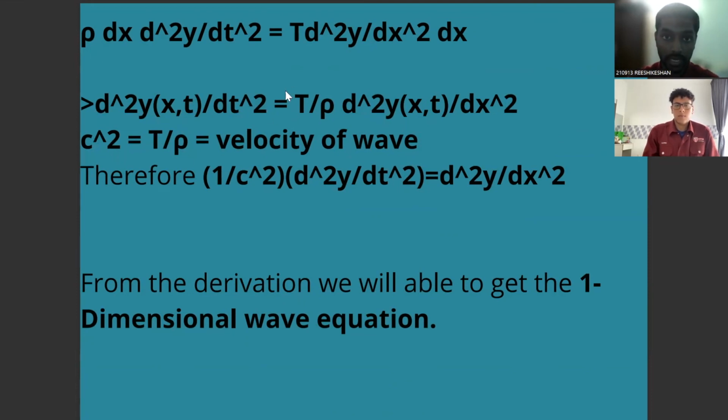So we bring this T over rho to the left hand side, and the equation changes to 1 over c square times d square y over dt square equals d square y over dx square. From here, we get the derivation of the one-dimensional wave equation. So this is how we derive the 1D wave equation.